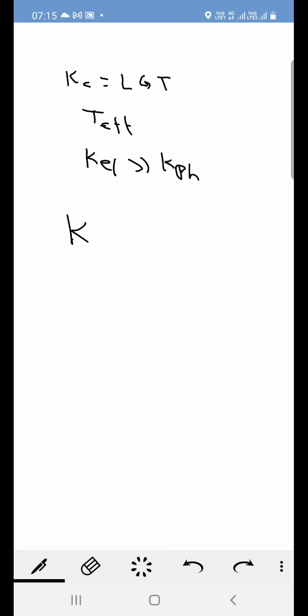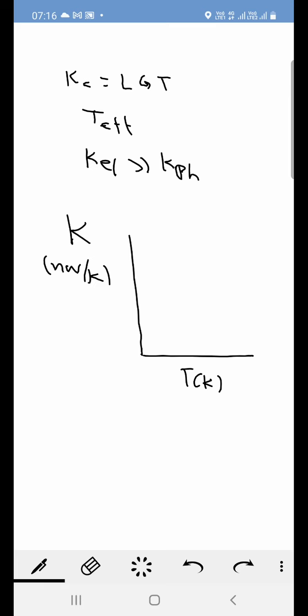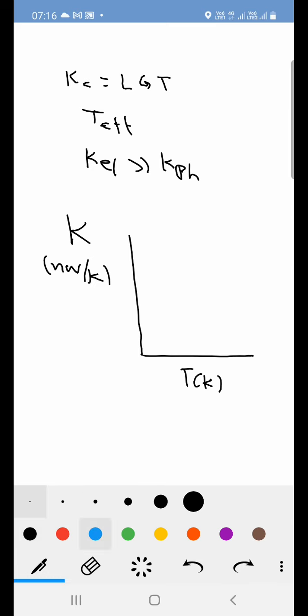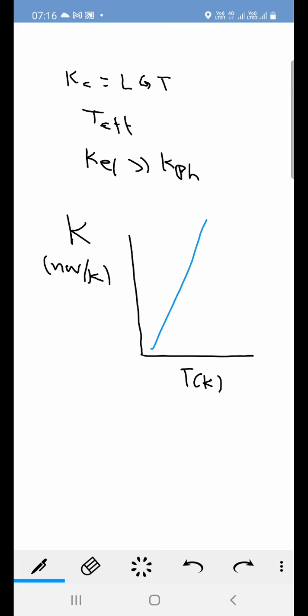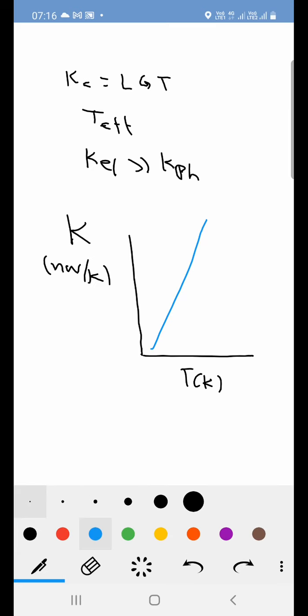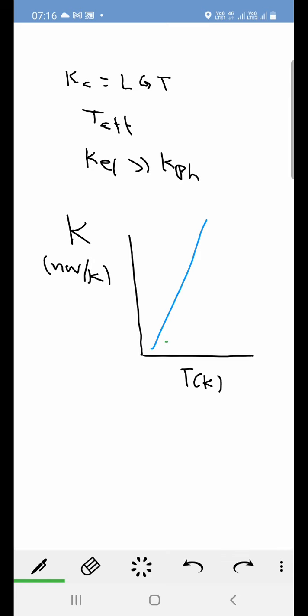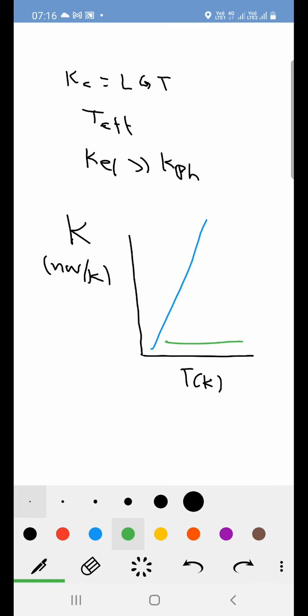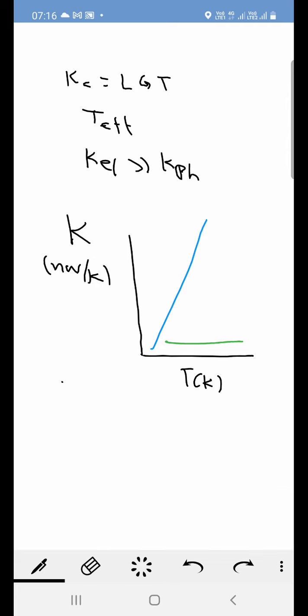So we plot the total conductance K in nanowatt per Kelvin with respect to temperature expressed in Kelvin. We plot for both the electronic and the phononic conductance, and we will see that the electronic conduction shoots up with temperature, whereas the phononic conductance attains a constant value. So this is your KEL, and this is your KPH.